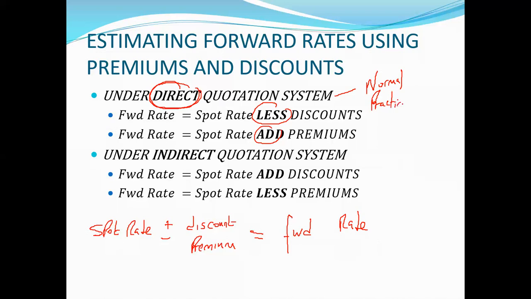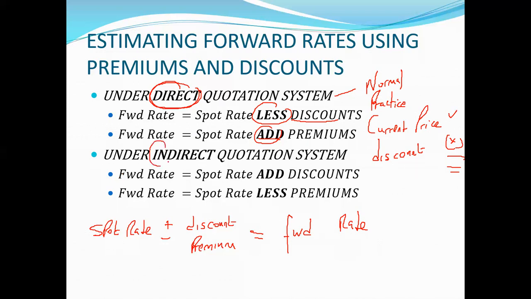If you go to the shop and the price is so much, and somebody offers you a discount, to find the amount payable you take the price and subtract the discount. That's what is happening here. Discounts are subtracted, premiums are added.